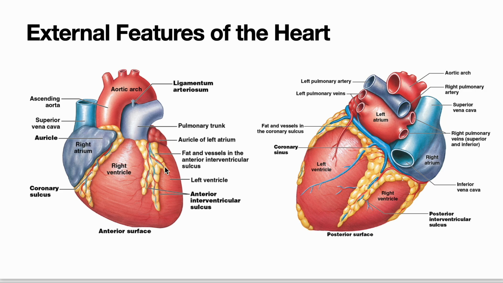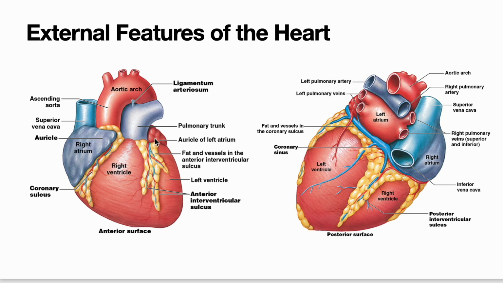And if we move over to the left side of the heart, we can say, okay, here's the left ventricle. We can separate the right and the left because we're going to have that anterior interventricular sulcus right here that separates the two.